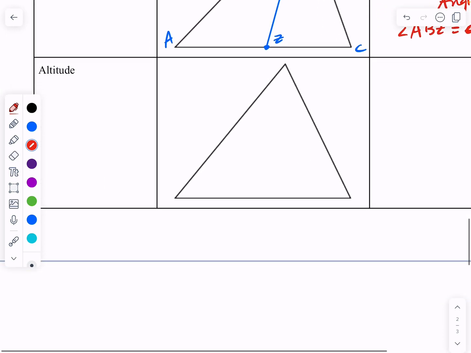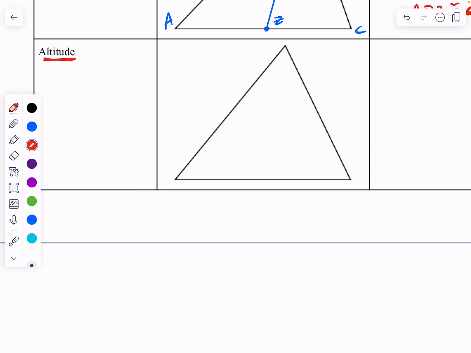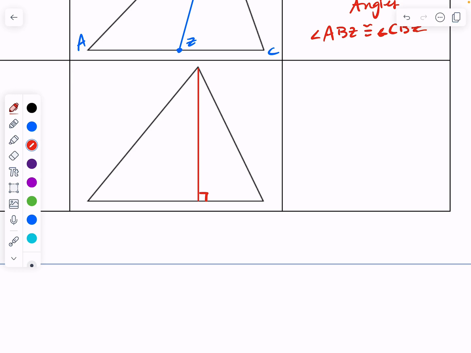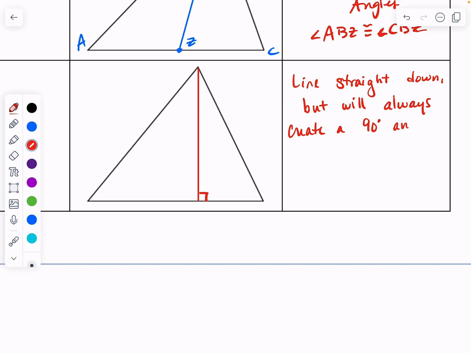Last but not least is an altitude. And an altitude runs straight down. That is terrible. That's not a straight line. Sorry. It runs straight down, and all it does is create a 90-degree angle. So a line straight down, but it will always create a 90-degree angle.